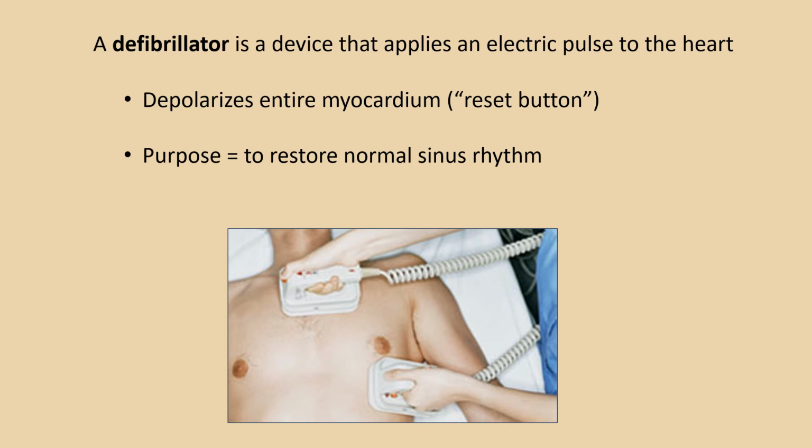It's almost like the reset button for this electrical jiggling mass of heart muscle tissue. If all of those cells can depolarize all at once, then suddenly all of those cells are on the same page, so to speak. And it allows the SA node to resume its role as the pacemaker of the heart. And we hope the electrical conduction system falls in line.